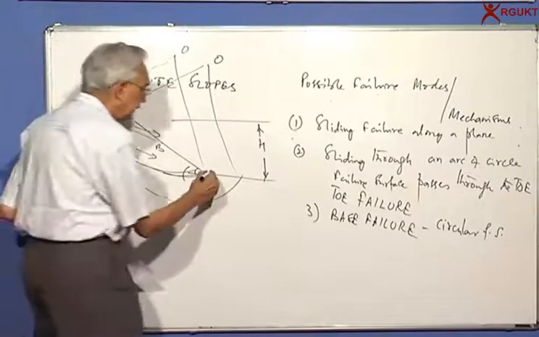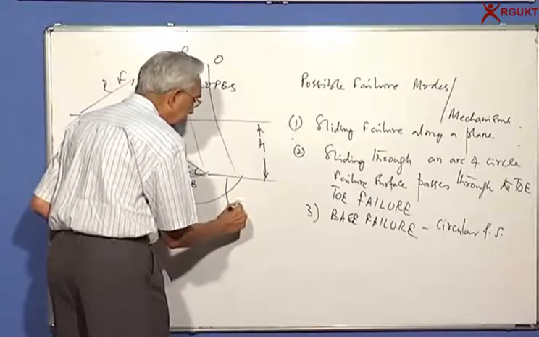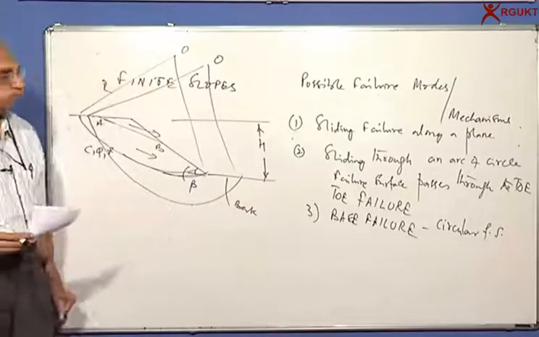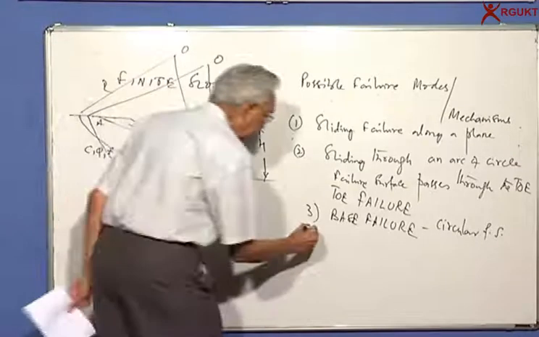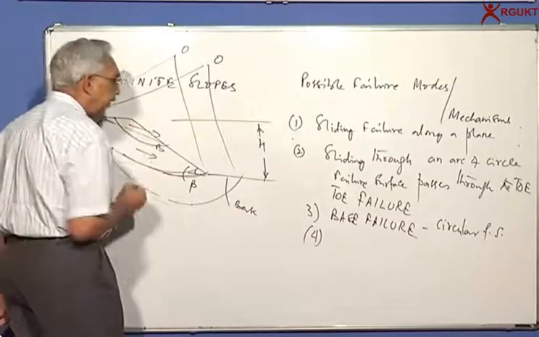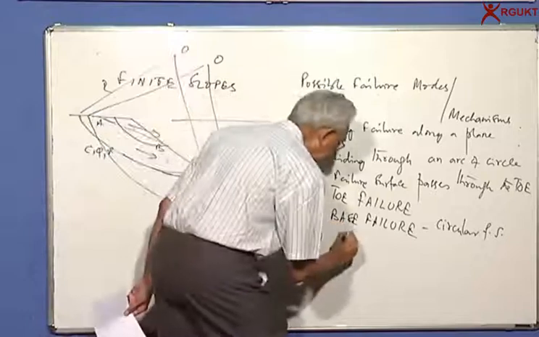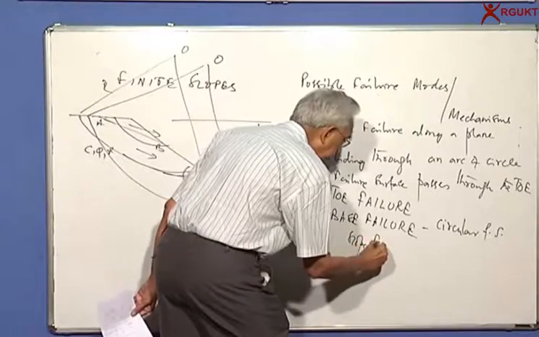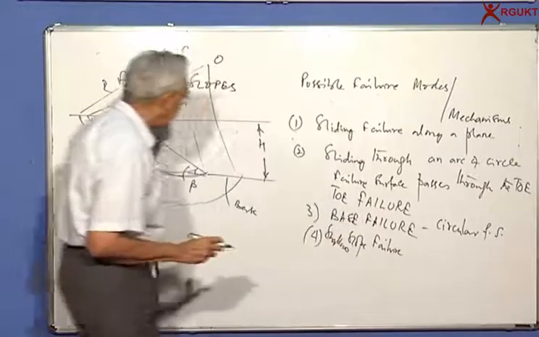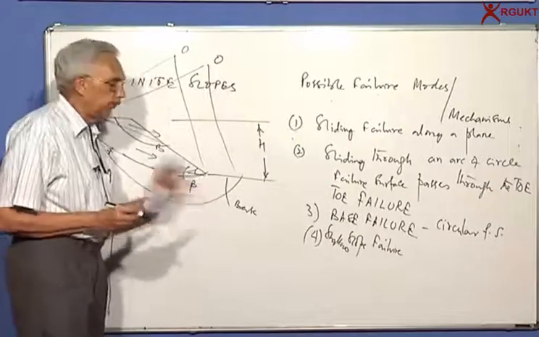That is, this is the base. So within the base you will find it. Occasionally you find some local failures which, instead of a plane, may be simply a shallow slope failure. It doesn't go up to the toe.